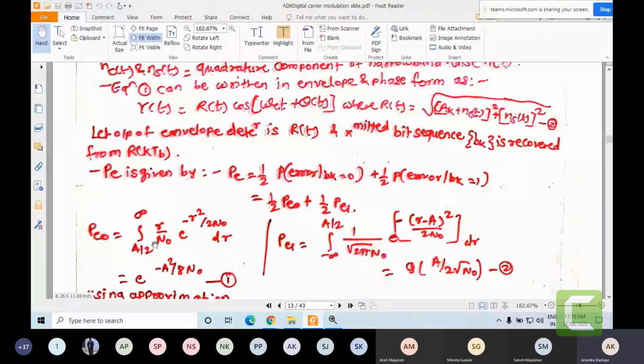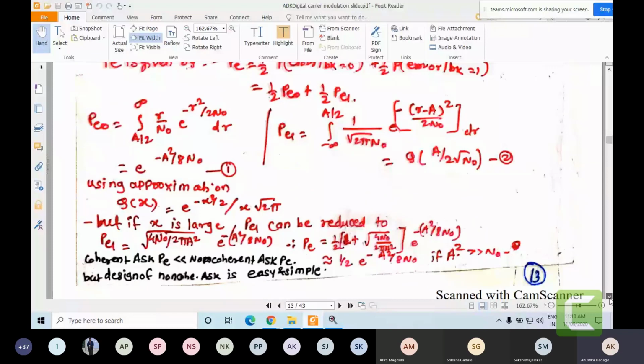Instead of that, r by N0, which is a constant term, is going to be present for this probability of error to be obtained. So this is how we have obtained the value of probability of error for this 1 bit value as 4N0 divided by 2 pi A square e raised to minus A square by 8N0.